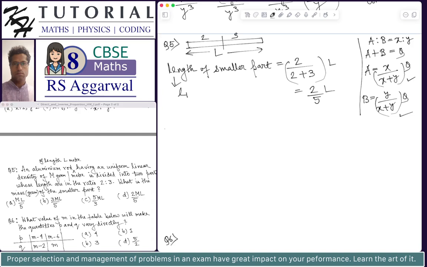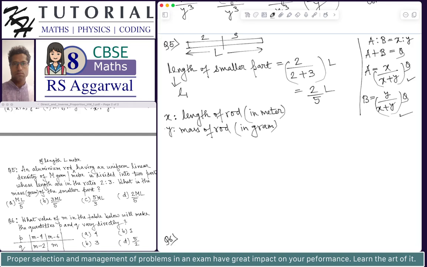Let's say x be the length of rod in meters and let y be the mass of rod in gram.